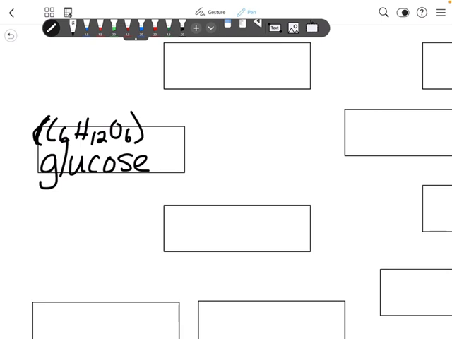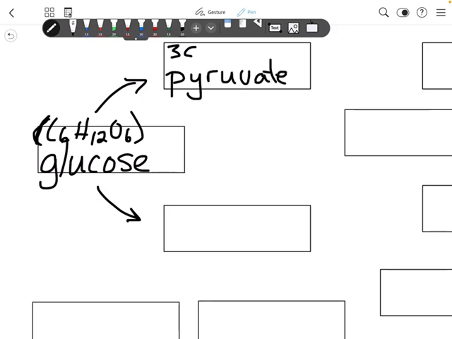Now, what happens to glucose is that we split it into smaller bits. And we split it into a 3-carbon molecule called pyruvate. We make 2 of those.